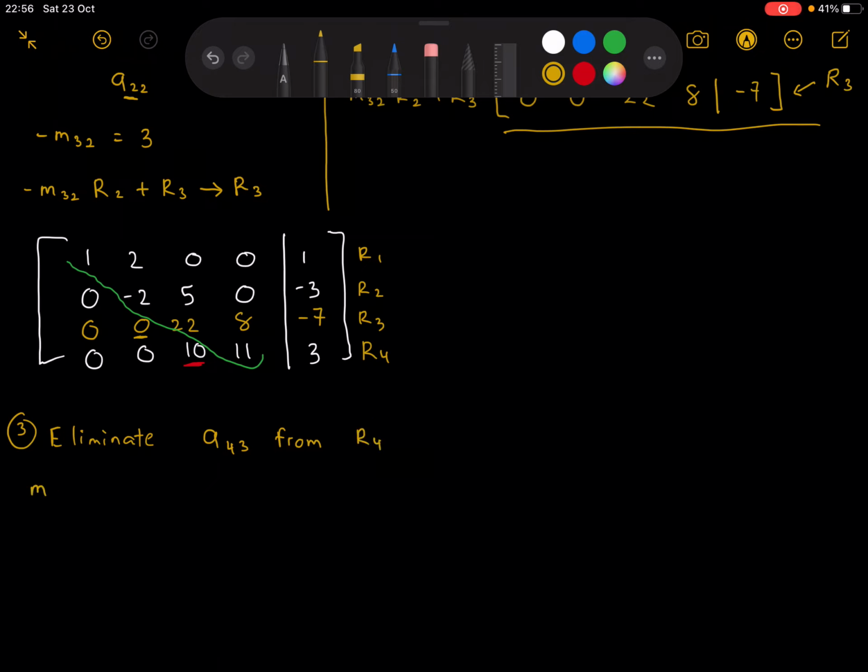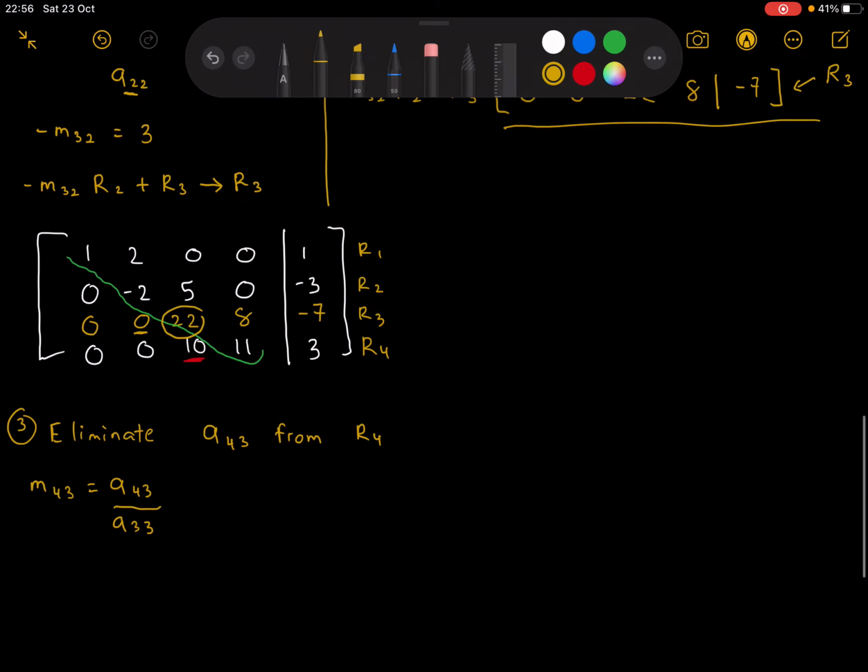So M, the multiplication factor M43, is equal to A43 divided by its diagonal, which is A33. The value is 10 over 22, which is 0.4545.